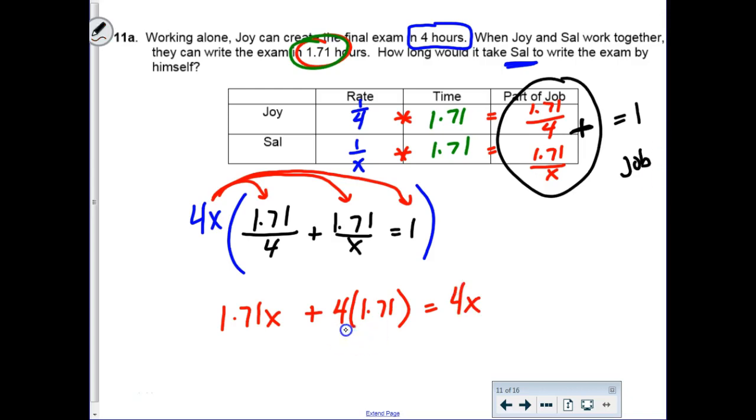So multiplying those together, I think it's 6.84. And then we've got a little two-step equation to solve. Alright, 1.71 is being subtracted to the other side.